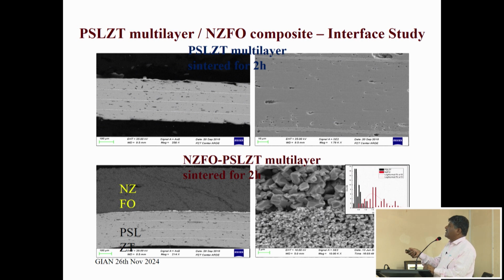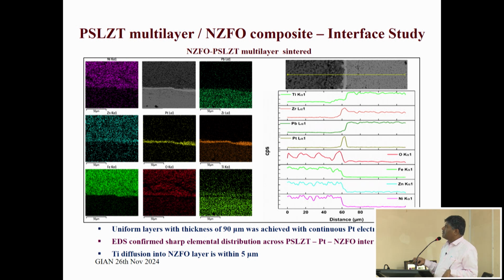Here you can see how the layered structure was made. And this is the composite structure. So, this is the PSLZT layered structure, and this is the nickel zinc ferrite, sintered for 2 hours. Again, the sintering time we have also optimized and its performance was checked.